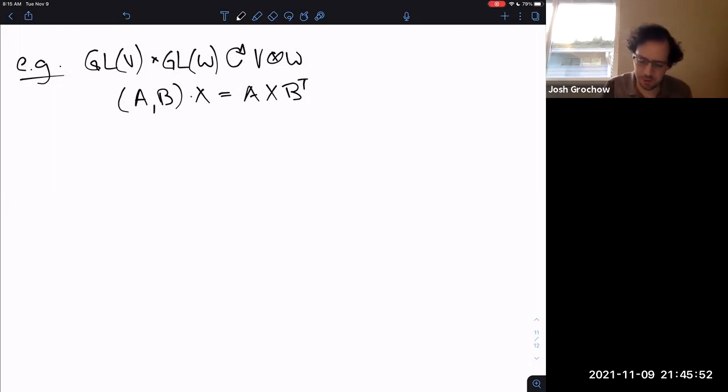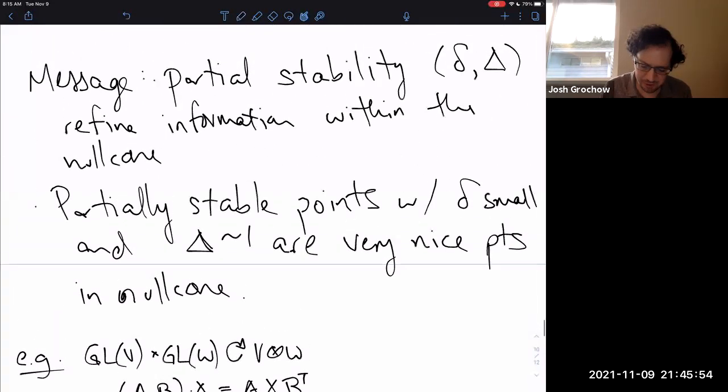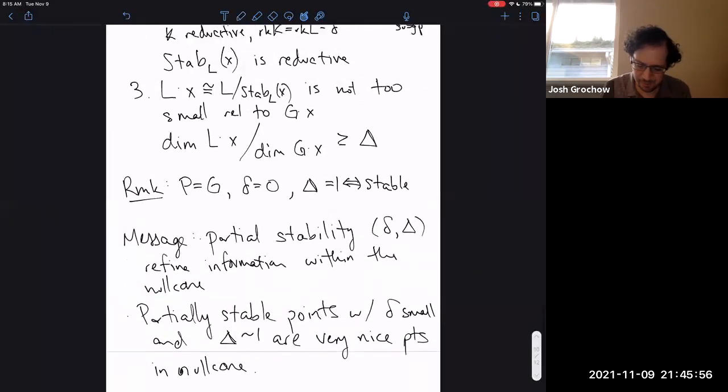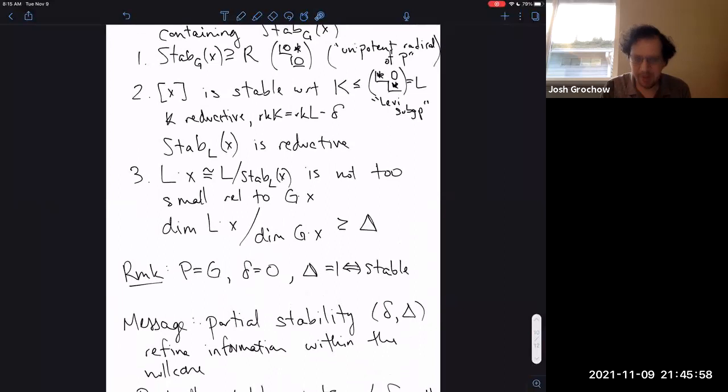But now what I want to show you is to illustrate this definition and say, in fact, they're all partially stable. And the lower the rank is, the worse these parameters get. As you get lower in rank, you're getting deeper into the null cone and getting worse and worse points. So high rank, but singular matrices are in the null cone, but they're somehow nice. They're much nicer points in the null cone.